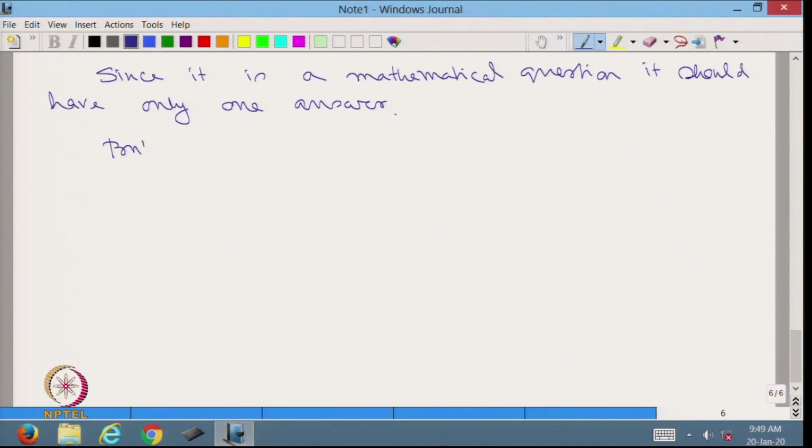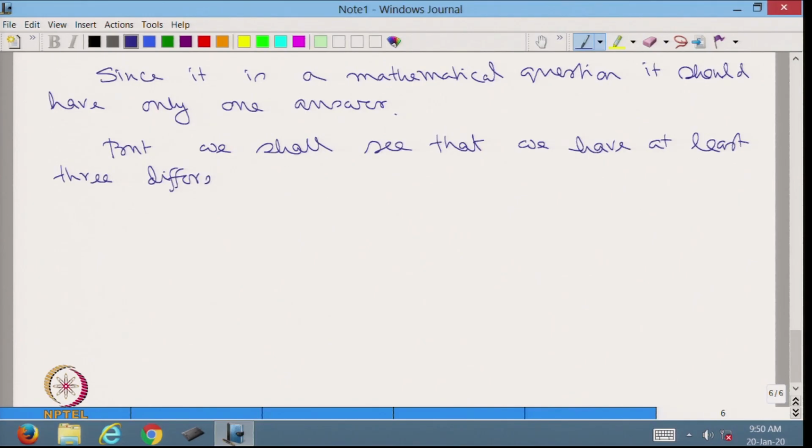But we shall see that we have at least 3 different answers, all of which are correct. How can it happen?